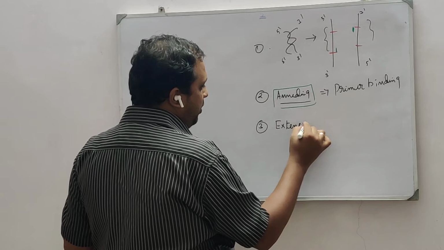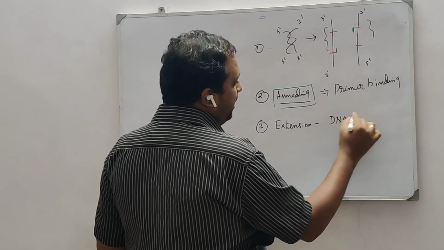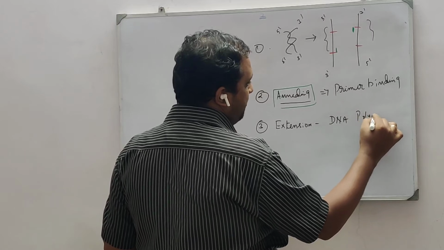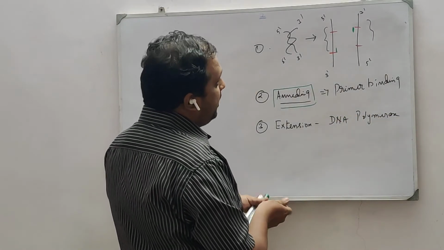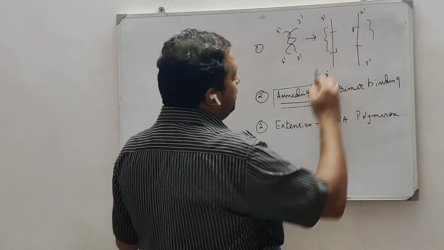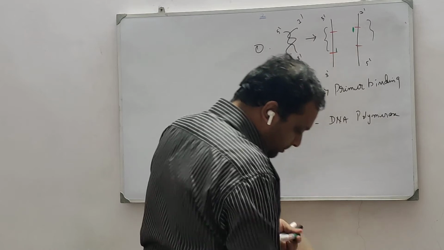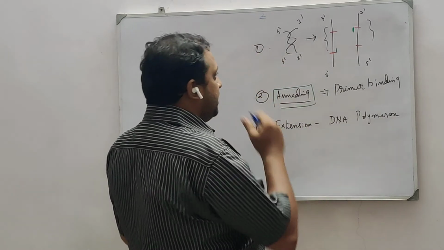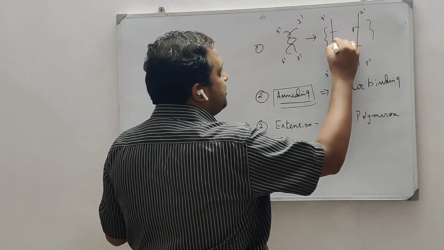Extension. So what happens? The component DNA polymerase is going to extend the primer. I have already written it in green. It is going to extend like this, like this.